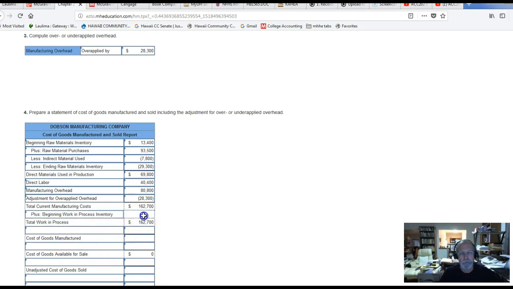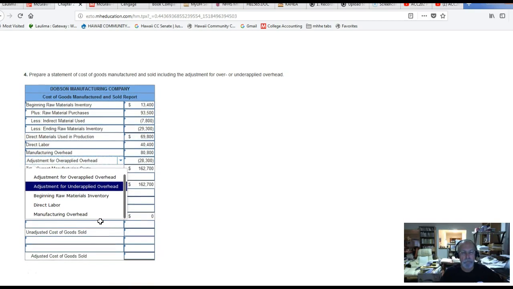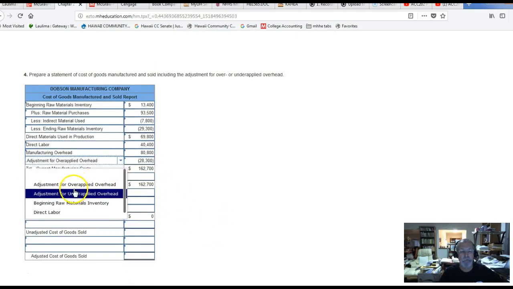Let's continue working through this and see how this works out. This confuses me right here, showing this adjustment for over or under applied overhead. Let's see how that works out.